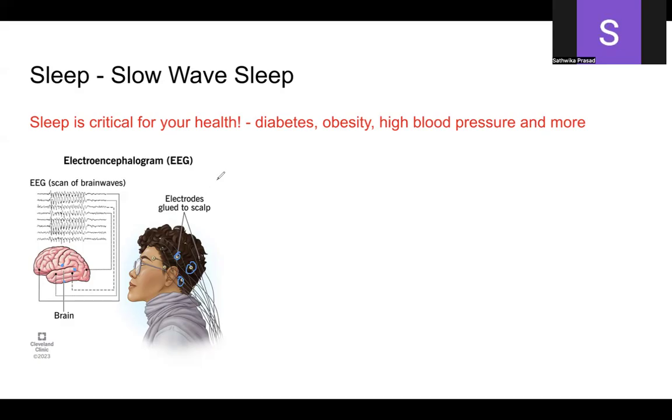And how electroencephalograms work is, in your neurons, in chapter one, I hope you guys remember that there is always an influx of ions and then an exit of ions, right?